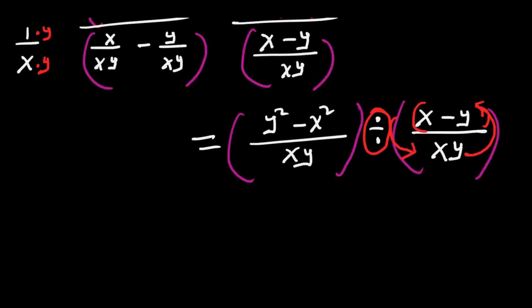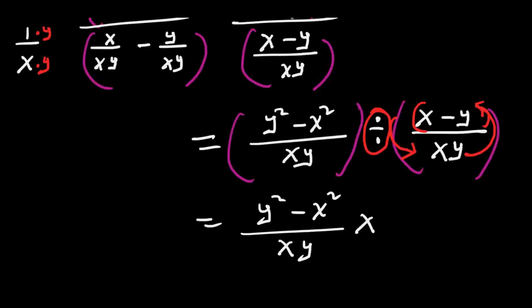So this will be equals to y squared minus x squared over xy times, or we can use a dot multiplication to avoid confusion, xy over x minus y.